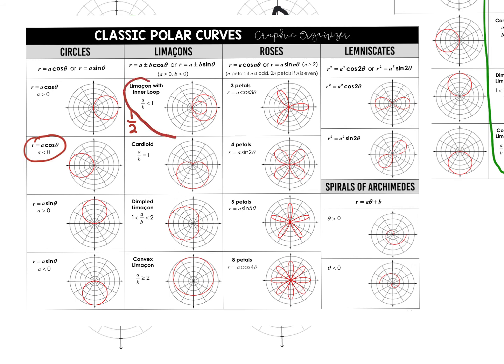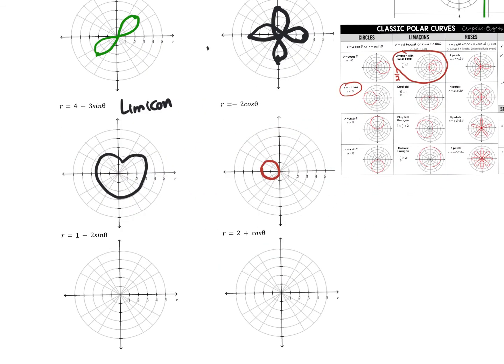So that's falling in this category because the ratio of a over b is 1/2. That's less than 1. So we get a limaçon with an inner loop. So again, we saw this one before, but this limaçon with an inner loop, if I sketch it, looks like it's going to go something like this and then have a little loop inside of it. So this is a limaçon with an inner loop.